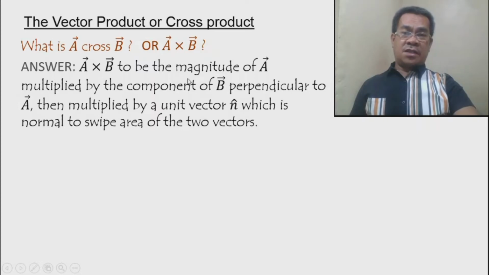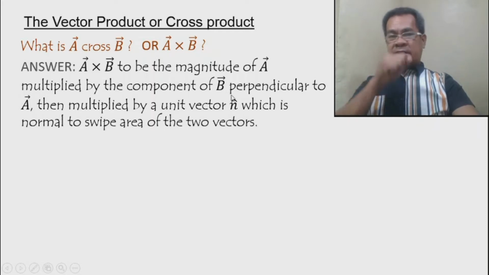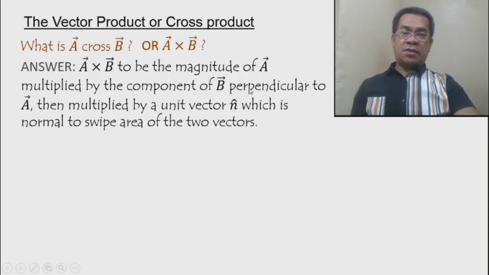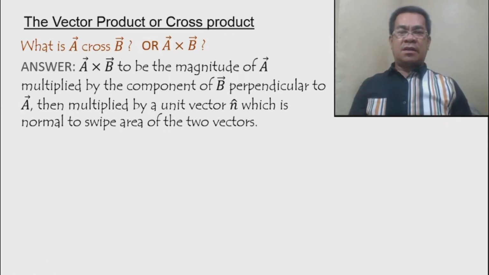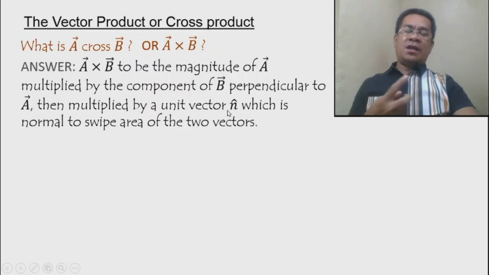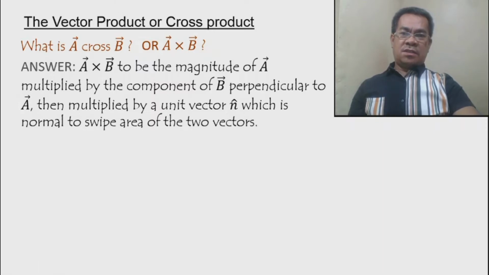The first factor is the magnitude of A, and the second factor is the component of B, this time perpendicular, meaning 90 degrees from the direction of A. Then we multiply it by the normal vector. This is still a vector, but a unit vector, because the swipe area will rotate, and the rotation generates motion in the direction of the normal of the area.